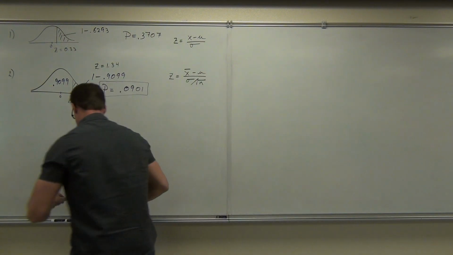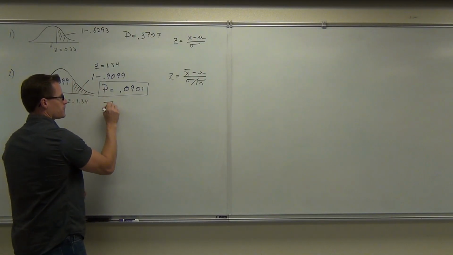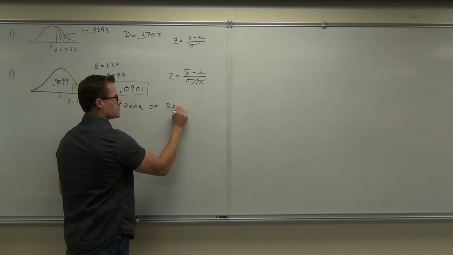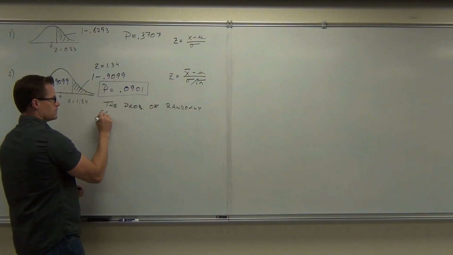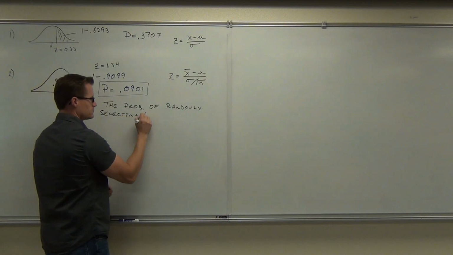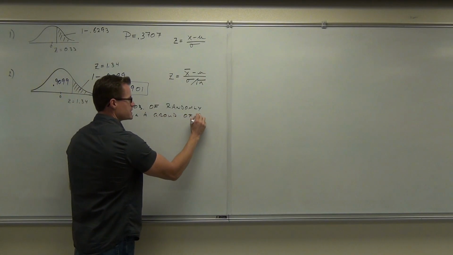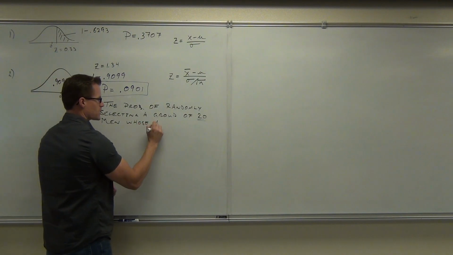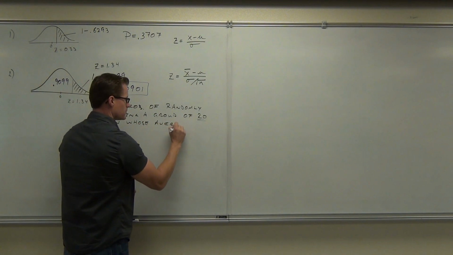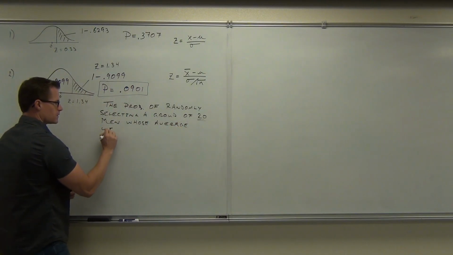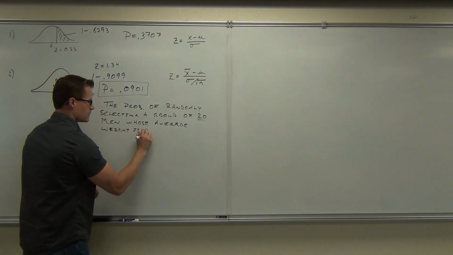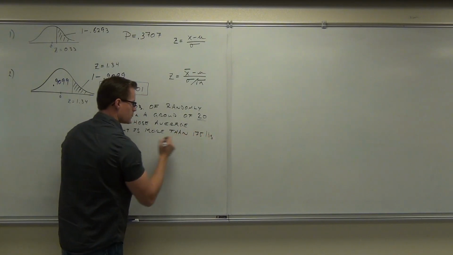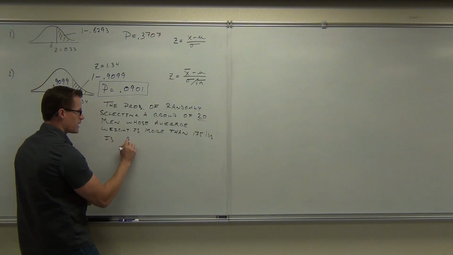The interpretation, I'm going to write it out for you, is the probability of randomly selecting a group of 20 men whose average weight is more than 175 pounds is approximately 9.01%.